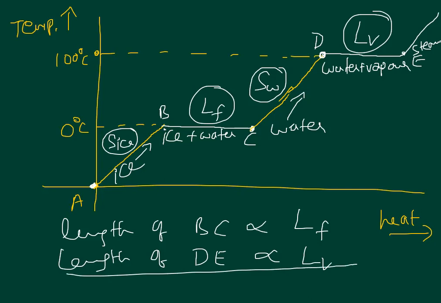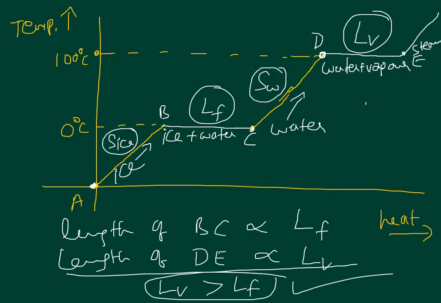From here we can also identify that, from the diagram, L_V is greater than L_F, because the length of DE is greater than the length of BC. So L_V will always be greater than L_F. The latent heat of vaporization is greater than the latent heat of fusion of ice.